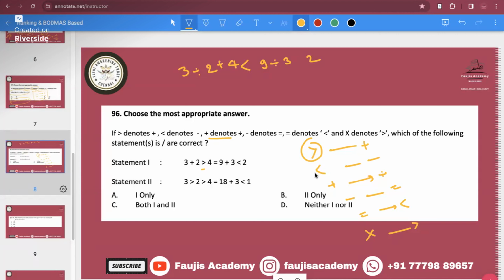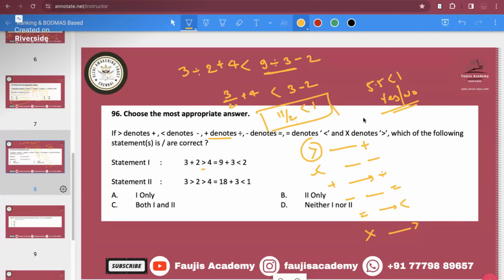And then less than sign needs to be replaced with minus. Can you do it all by yourself there? 3 by 2 plus 4 less than... when you do the division part, then 3 plus 2, 11 by 2 is less than 1. Is 11 by 2 less than 1? 11 by 2 means how much? 5.5 is less than 1. Yes or no?